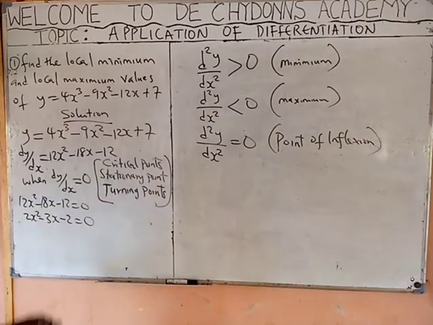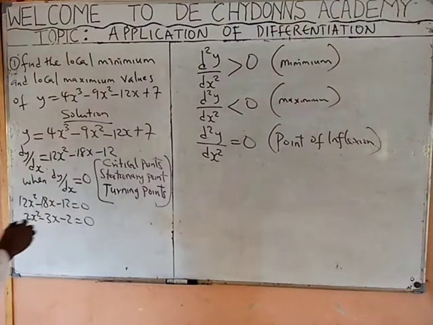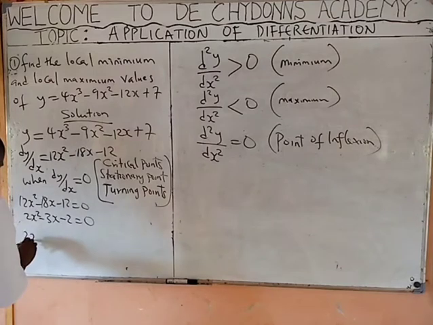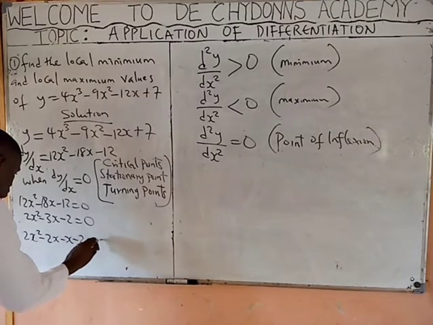Now, once you factorize this function, you will have 2x squared minus 4x plus x minus 2 equals 0.